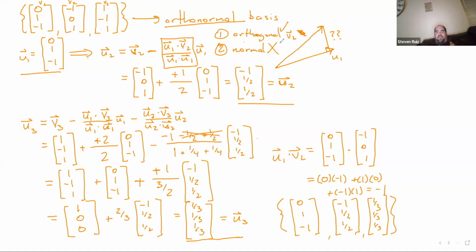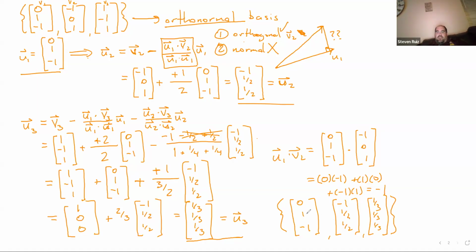Let's start with this. How can I find their magnitudes? How do I find the magnitude of 0, 1, -1? Basically it's the Pythagorean theorem. Yeah, so Pythagorean theorem will give us the magnitude. So let's go ahead and do that.